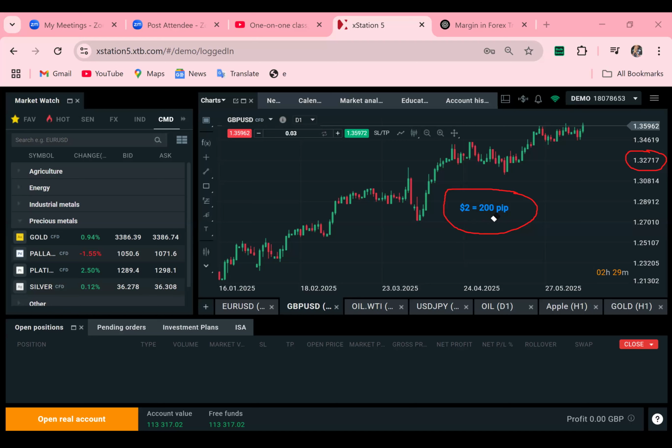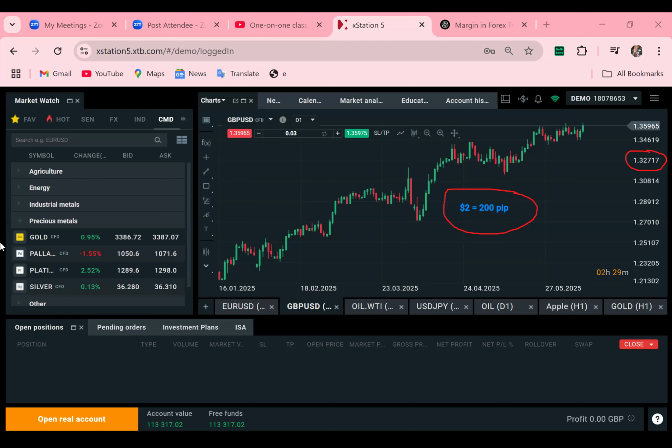Now, because you trade it on margin, each of these cents count as a profit. So that is why somebody who trades on spot could make $2. You could make $200. Do you understand now?